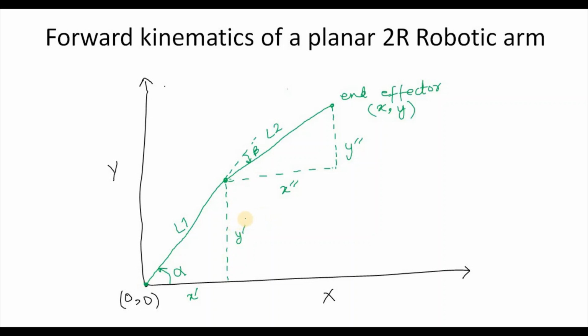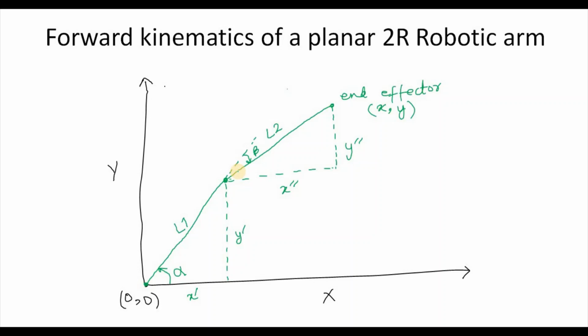So yeah, the 2D representation of the robot is complete. What we have available is the length L1 and length L2, and also the angles alpha and beta are known. And how are they known?